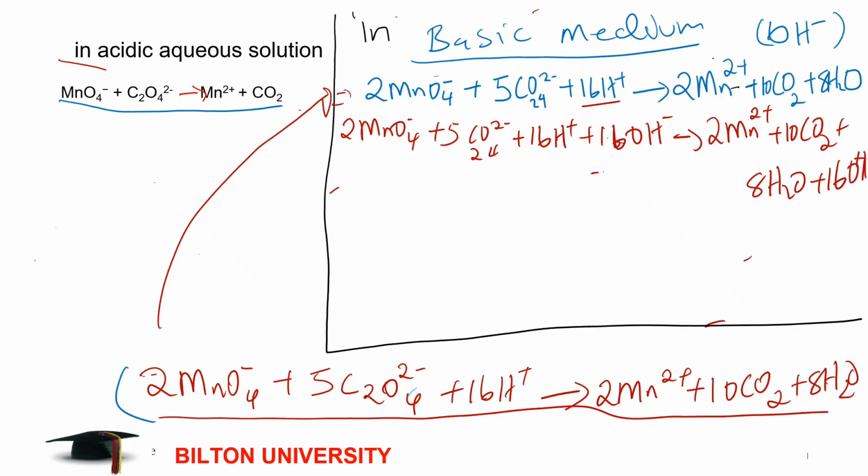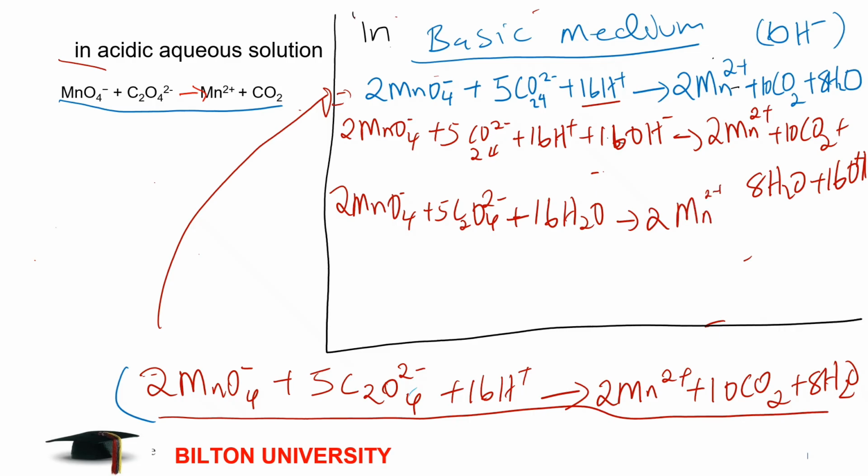So we're going to have 2MnO4- plus 5 C2O4 2- plus, now we have a total of 16 water molecules, giving us 2 Mn2+ plus 10 CO2 plus 8 water molecules plus 16 OH-. If you see, on the left hand side we have 16 water molecules, and on the right hand side we have 8 water molecules.